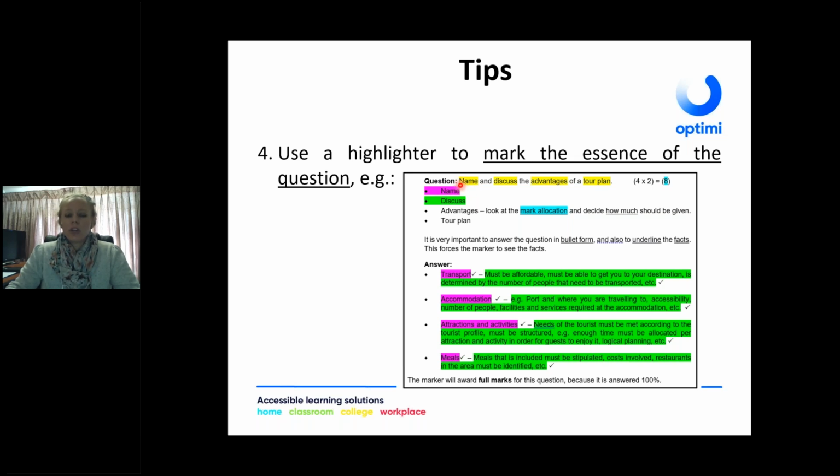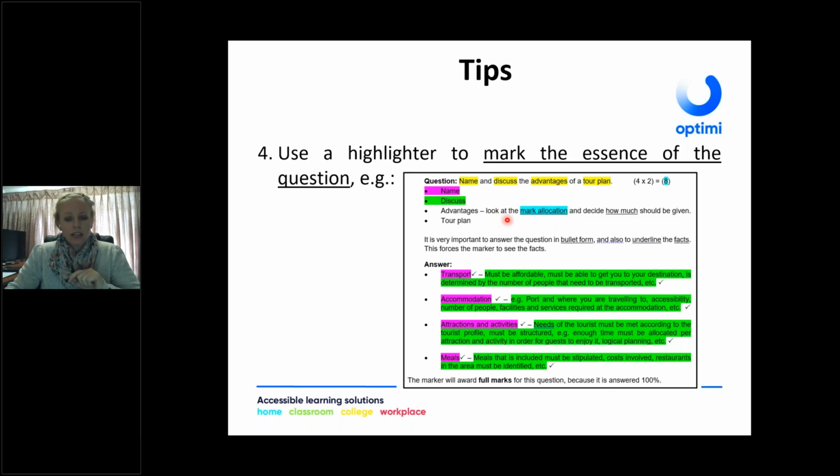Say for instance, the question asks to name and discuss the advantages of a tour plan. You will immediately see here, when it comes to the marks, it is a 4 times 2, which gives you 8, which means that you will receive a mark for naming the advantage, and you will receive a mark for discussing the advantage. So make sure that you write everything to receive the full marks.